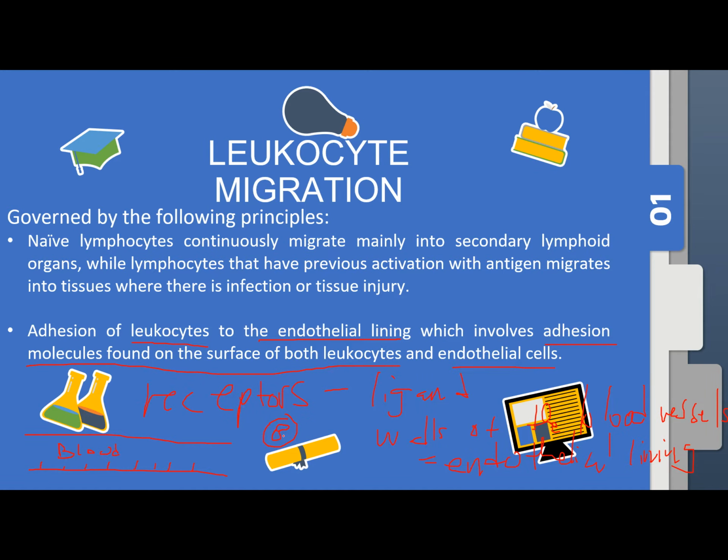Example, let's say this would be your neutrophil. On the surface of your neutrophil, they would also have certain adhesion molecules, which we will tackle later, known as the selectins and your integrins. We will tackle them later. So these are the principles of your leukocyte migration. So I hope that was clear.